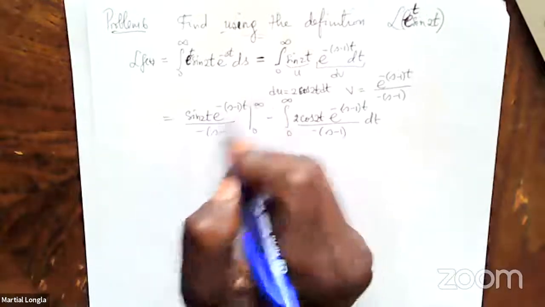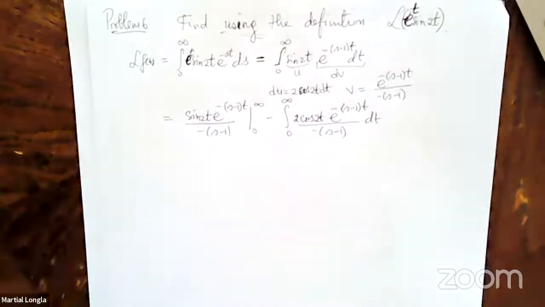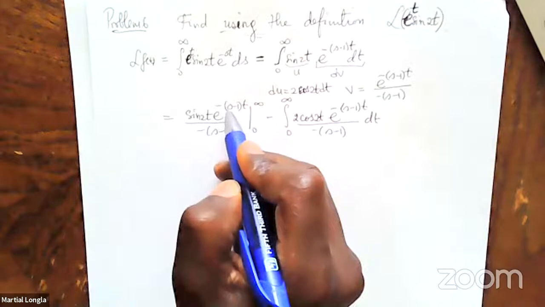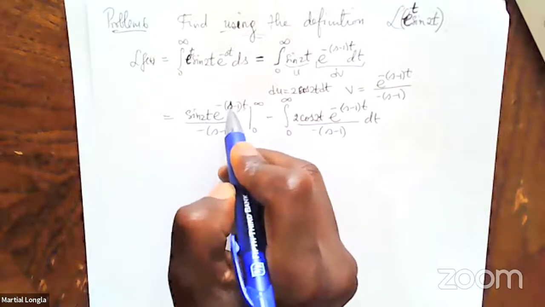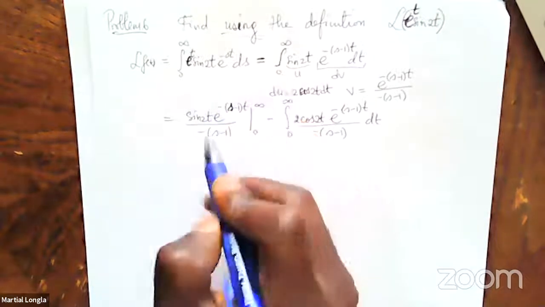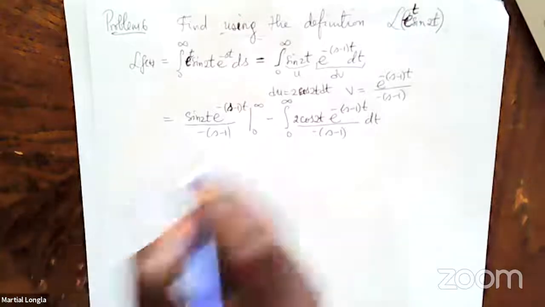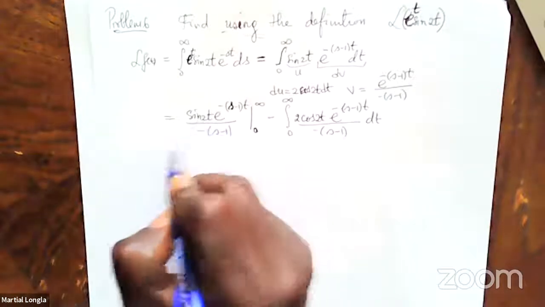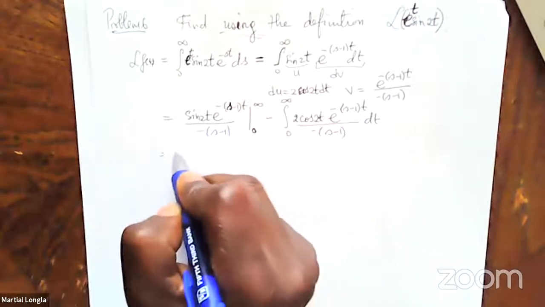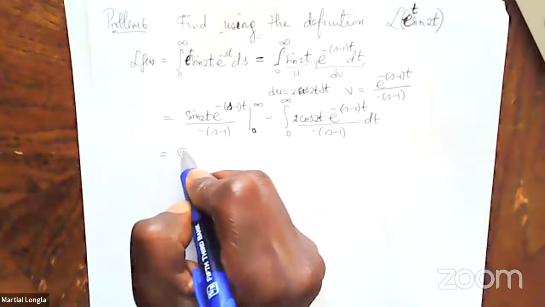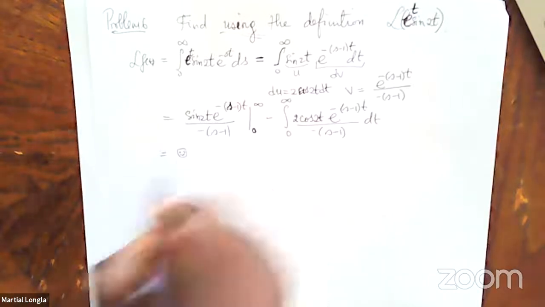When you plug in infinity here, under the condition that s is larger than 1, this goes to 0. And then you plug in 0, the sine is 0. So this first term is 0.